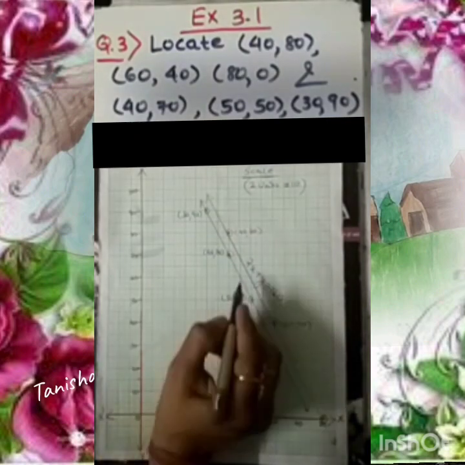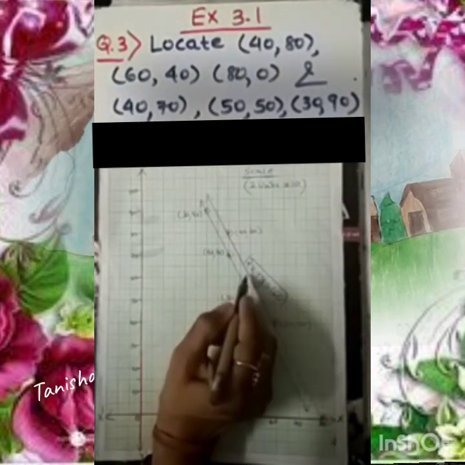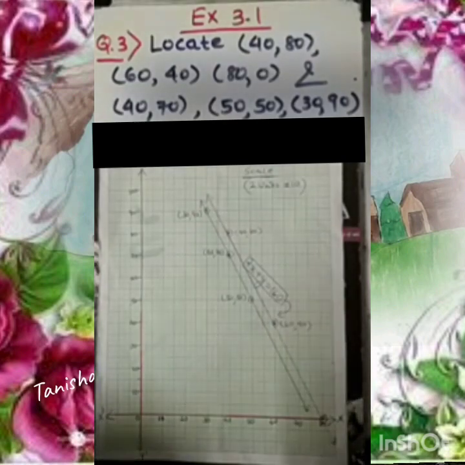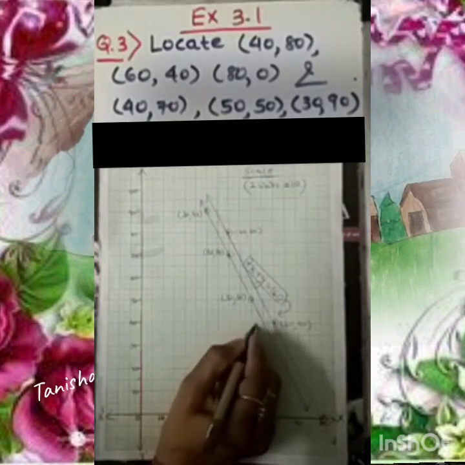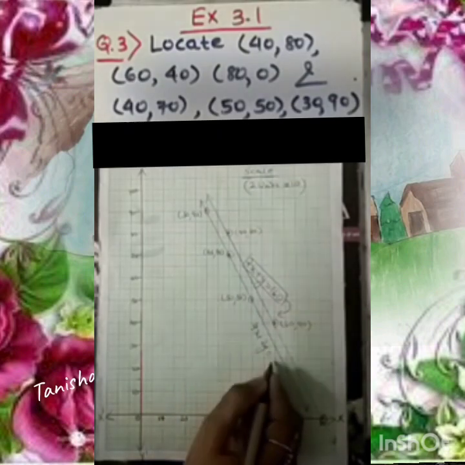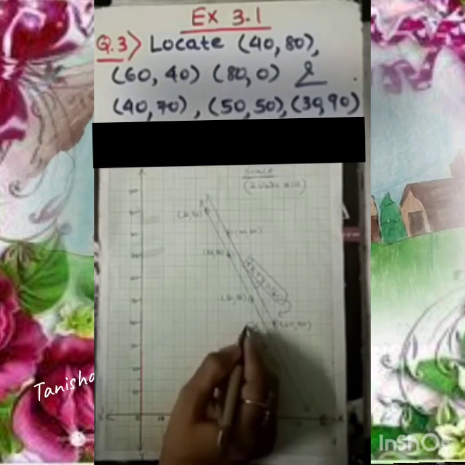Fine. This was our first equation. So let's write it here, because this line indicates that equation. And another equation is 4x plus 2y, that is equal to 300. Okay, let me say this is our second equation.